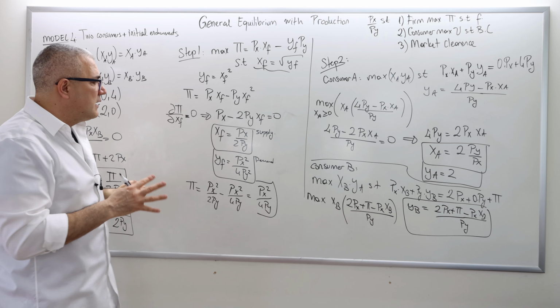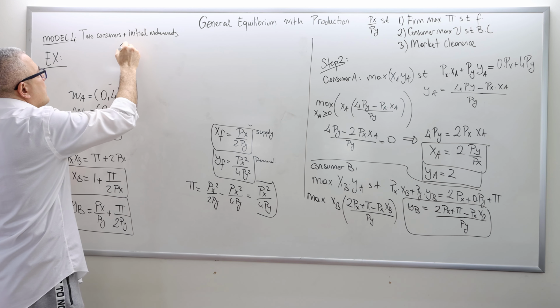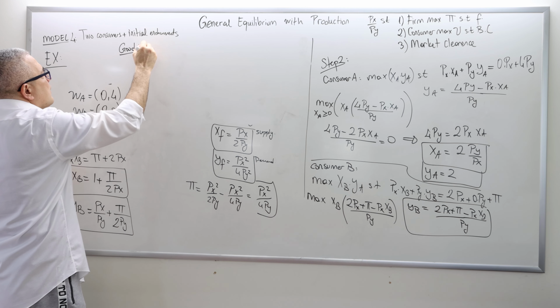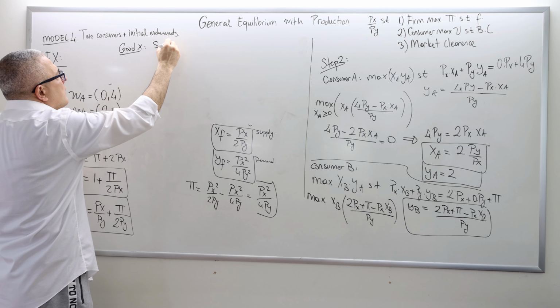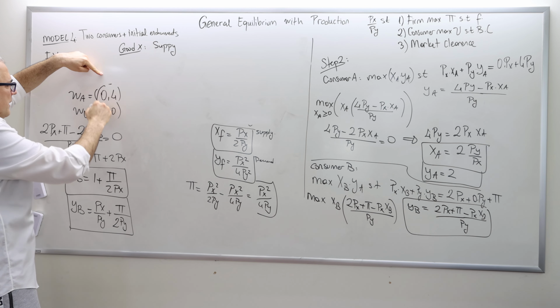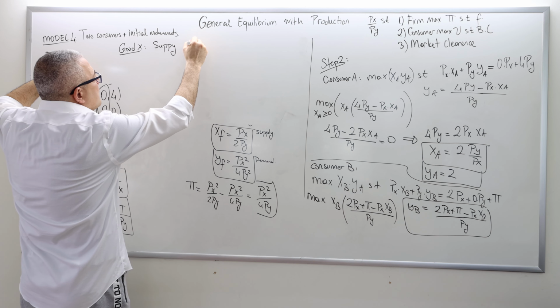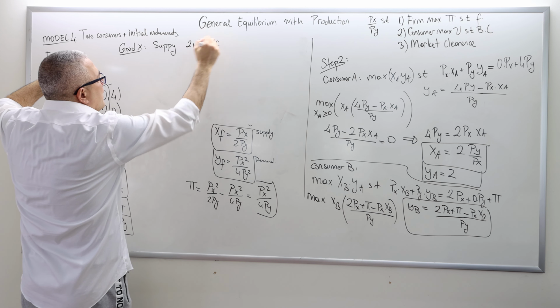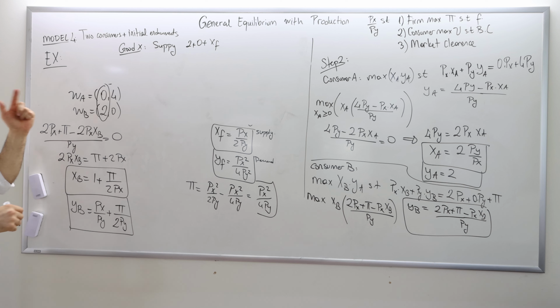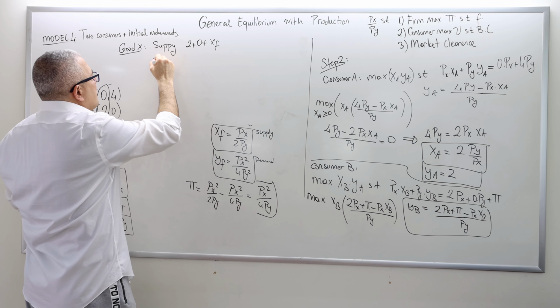So the good X: supply for good X. Well, first of all, good X supply is the initial endowment, 2 plus 0, plus XF, right? Because the firm produces X. So this is supply.